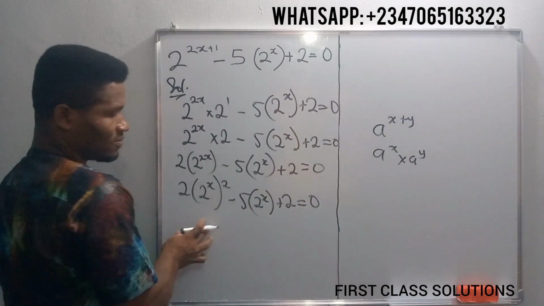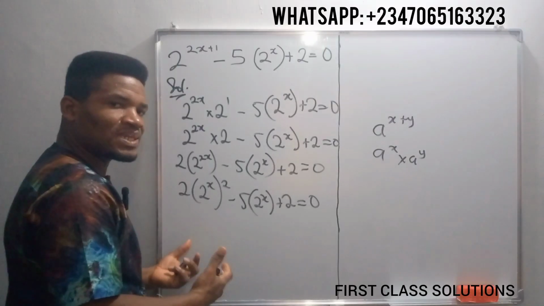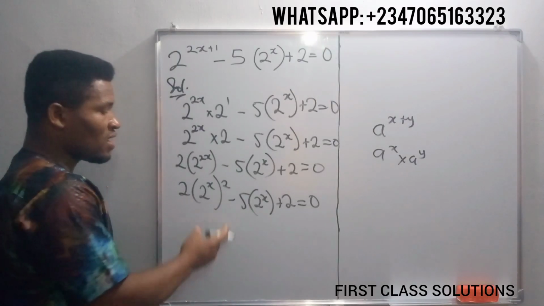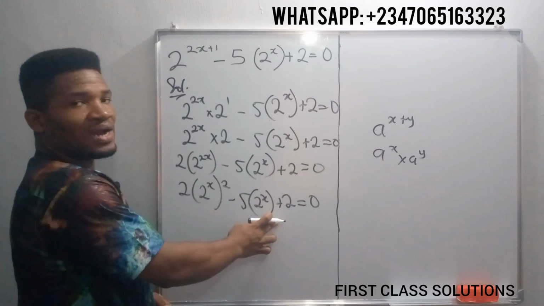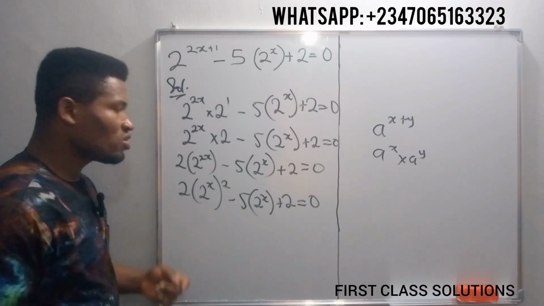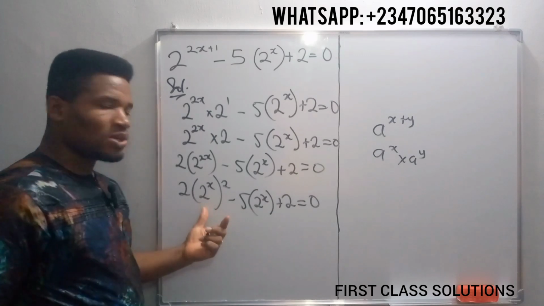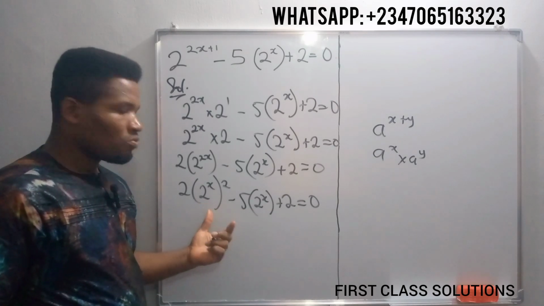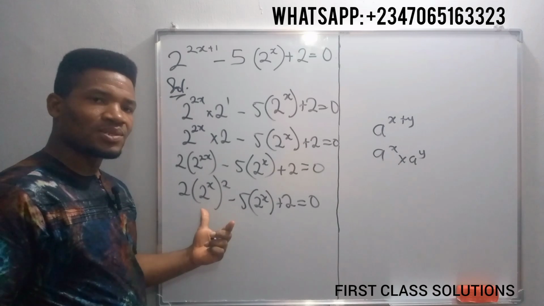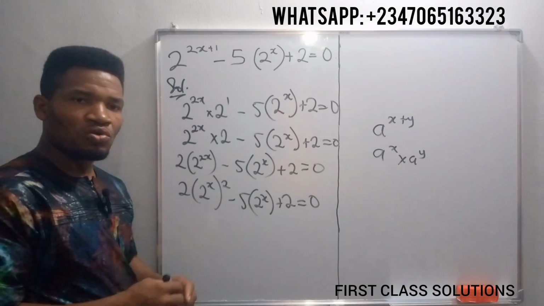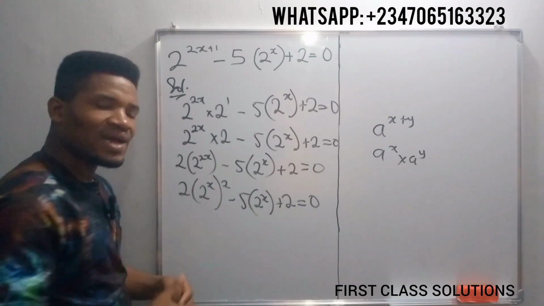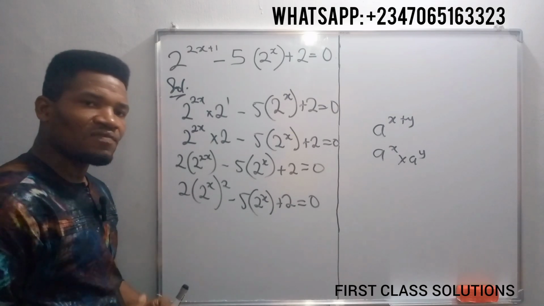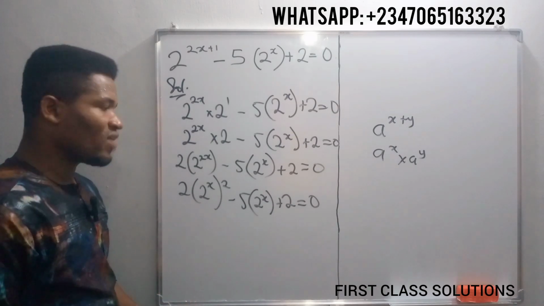So looking at this, it has the semblance of a quadratic equation where you have this power 2, this power 1, and this power 0. So what do we do? We need to break down this unknown, those 2 power x, so that it will be a simpler unknown for us to use either the quadratic formula, completing the square, or the factorization method.